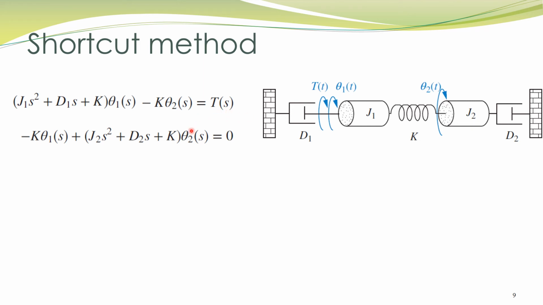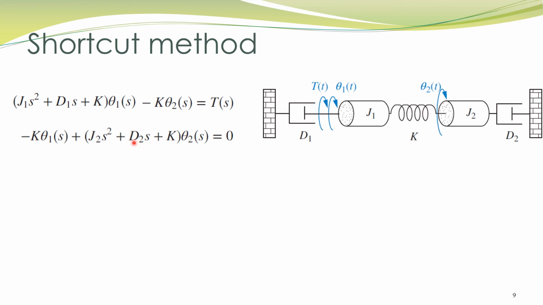The second equation is theta 2 of s multiplied by the sum of impedances connected with this displacement theta 2. So this impedance j2 s square is connected with this displacement, d2 s is connected with this displacement theta 2, and k is connected with this displacement theta 2.